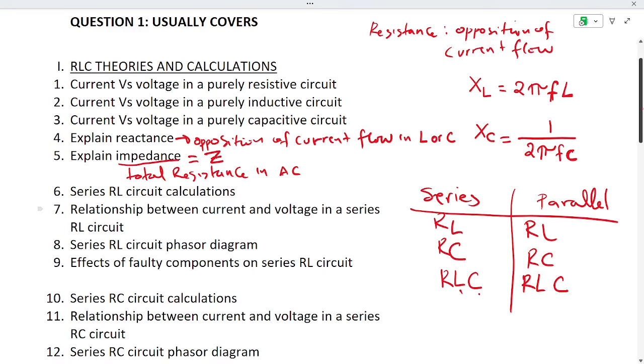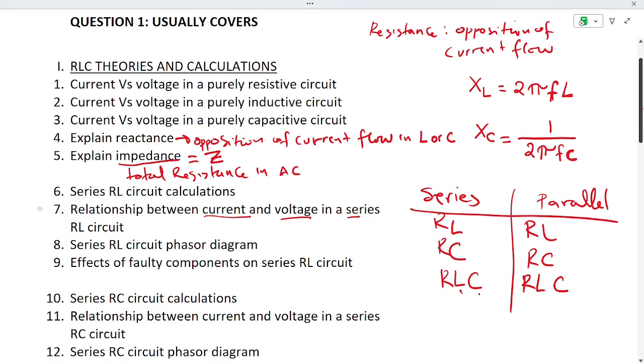For every type of circuit we're going to do, we are going to be discussing the relationship between current and voltage in that type of circuit. In a series RL circuit, a series RC circuit, a parallel RL circuit, a parallel RC circuit.